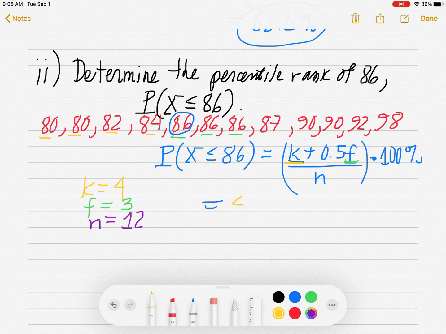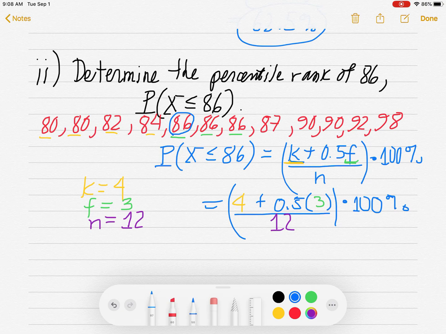It's going to be 4 plus 0.5 multiplied by 3, all divided by 12, and all that multiplied by 100 with a percentage sign.